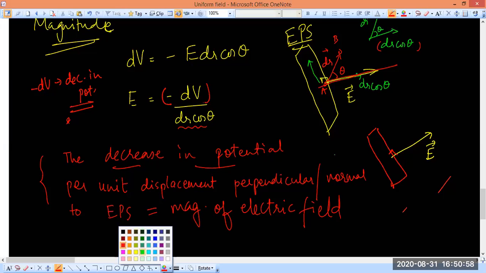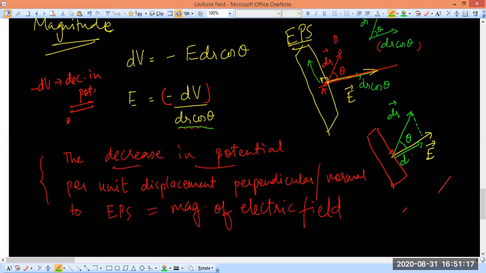And now suppose I draw a dr vector in this direction, and this angle is theta, right? So what is the meaning of dr cos theta? Look at this diagram. This dr, if I take its component like this, then this component is dr cos theta. Use trigonometry, correct?